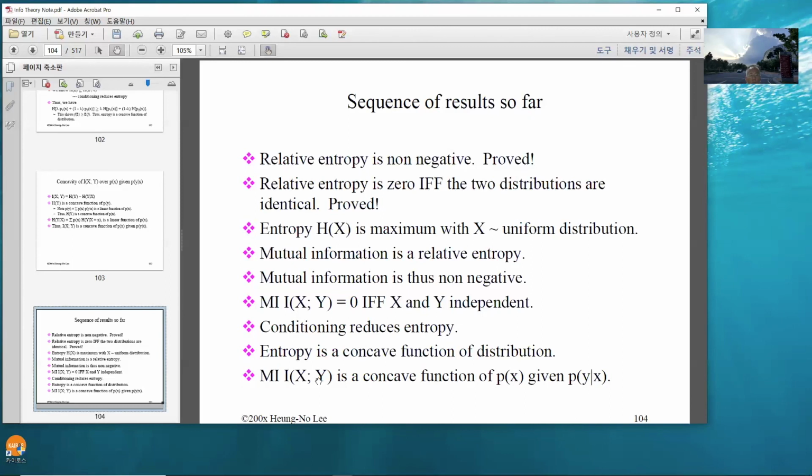For example, mutual information between X and Y may not be a concave function of p(y|x) given p(x). So we can talk about something different if we switch the role of fixing. If we fix p(x) to be fixed, and then look at mutual information as a function of p(y|x), we may come up with a different result.